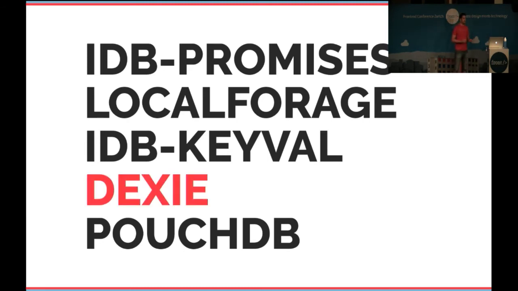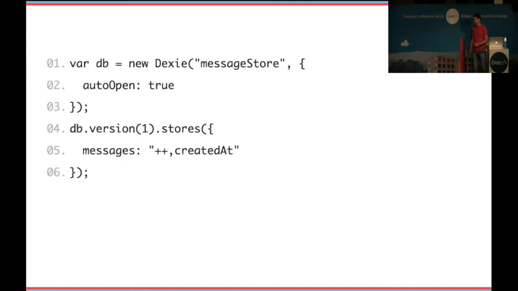I'm going to dive quickly into Dexie today, as that's the thing that I've picked up to start using in order to make my messages application work offline. Like I said, it follows the IndexedDB API quite closely, although it adds some niceties as well. IndexedDB allows you to version your database, because we need to not just recreate new databases every time somebody loads our page, and we also need to bring up to scratch anybody who's never seen this database before.